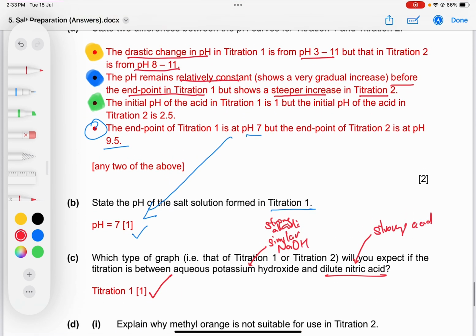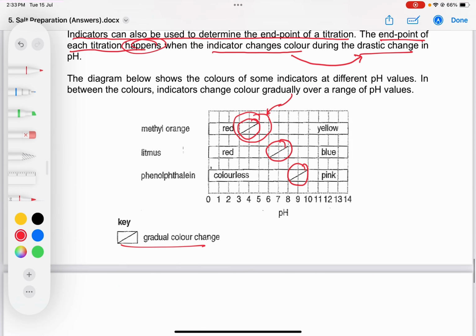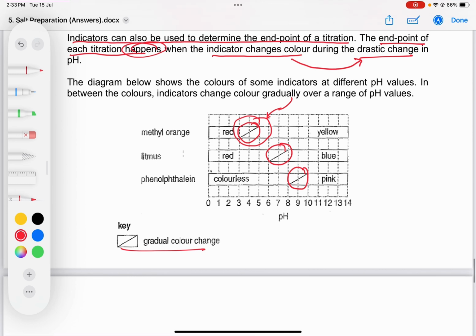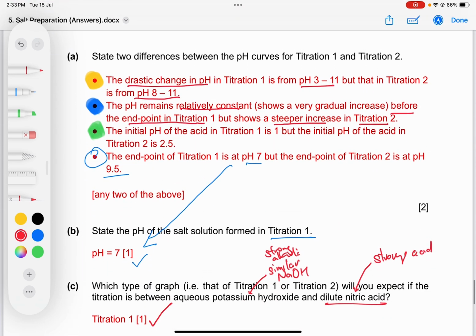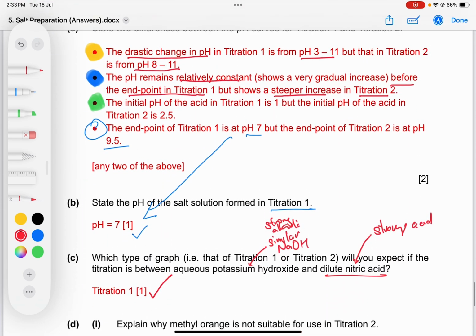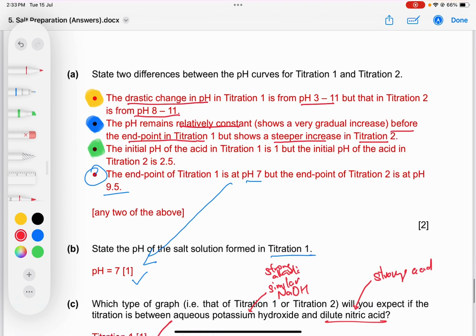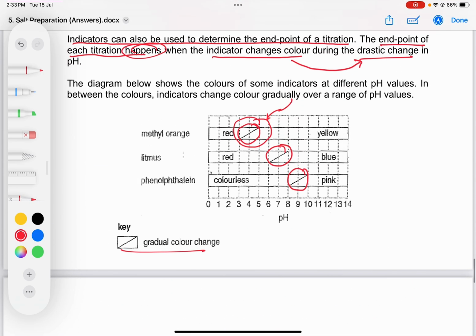Now part D, part 1, explain why methyl orange is not suitable for use in titration 2. The purpose of indicators is that they change color during the drastic change. The question asks about using methyl orange in titration 2, and says it's not suitable. First, I look at methyl orange.